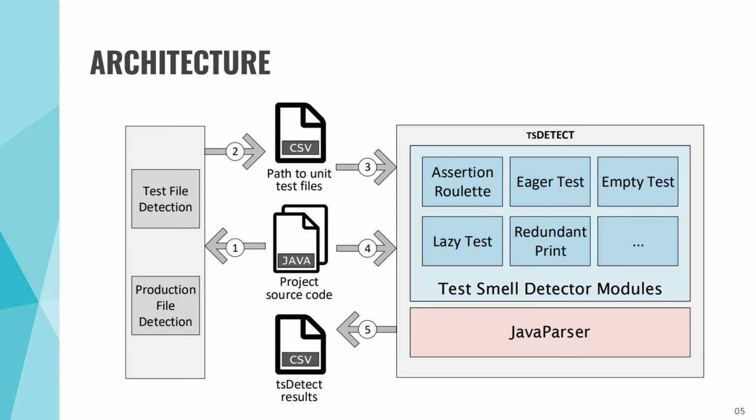Each smell is implemented and runs independently of other smells, and the detection strategy of each smell type is self-contained within its own module. On completion, the results are saved into a CSV file, which can be imported into a database system for further analysis.